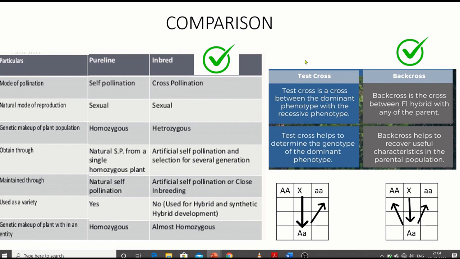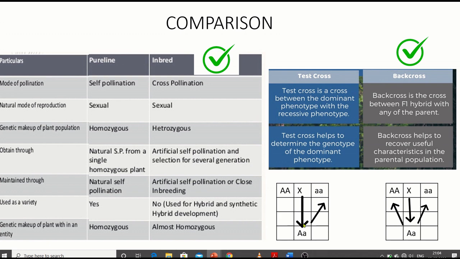inbred lines. And coming to a comparison between a test cross and a backcross, quite similar terms. A test cross is a cross between a dominant phenotype and a recessive phenotype. For example, when we have two parents, capital A capital A and small a small a, crossing them will form a heterozygote, capital A small a.